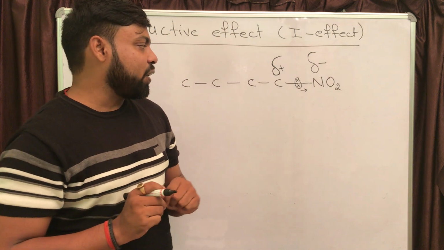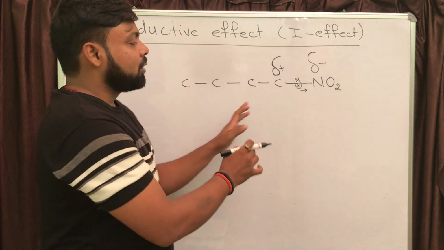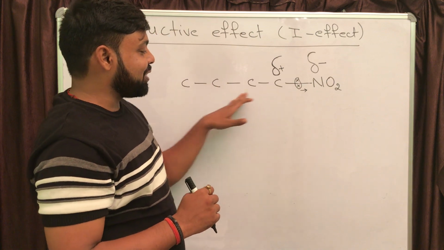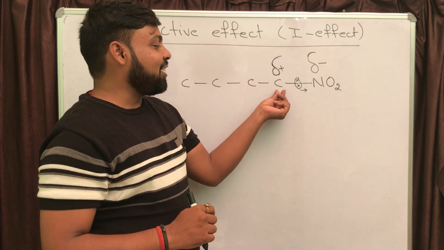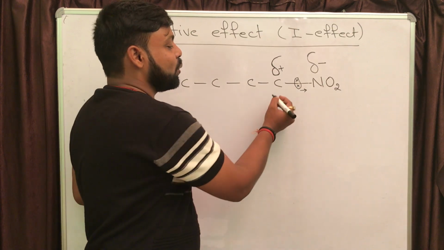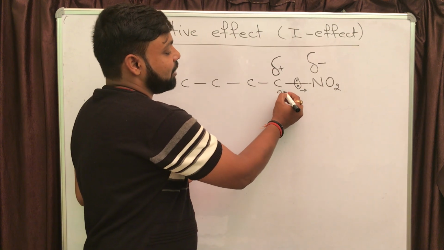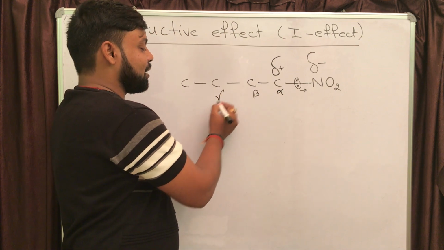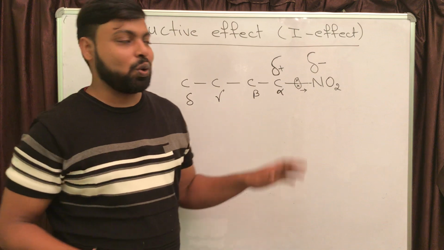Now, let me introduce this carbon atom. The carbon atom directly attached to any particular functional group is known as the alpha carbon, and the next carbon is the beta carbon, next gamma, next delta, next omega, and so on.